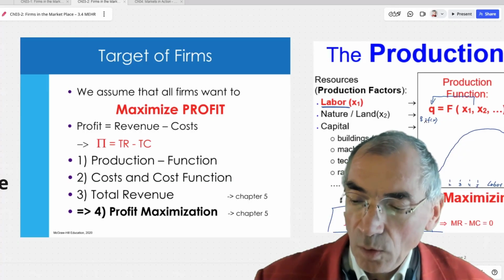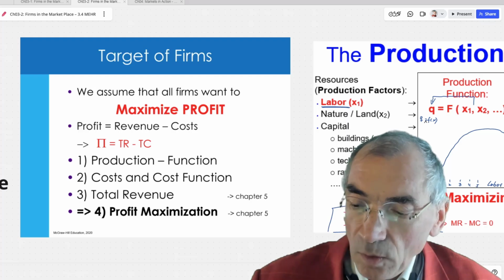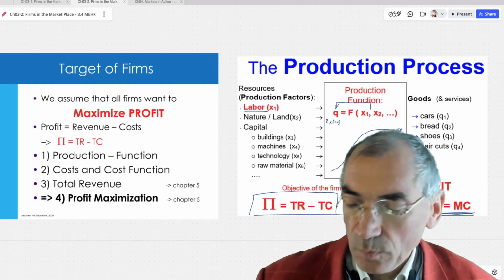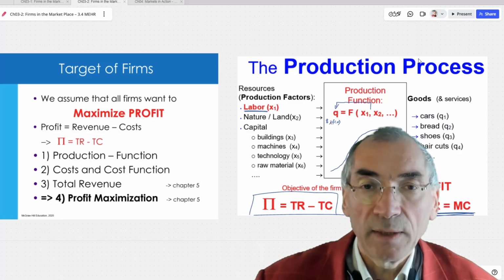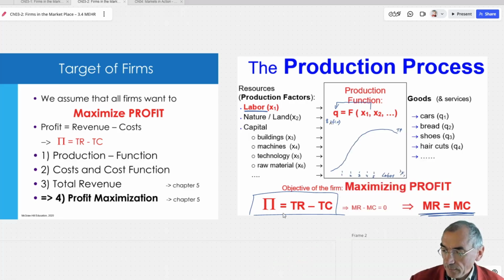Yeah, we are still on our way. These are the slides that you already know from the first video. Still on our way of maximizing profits. And this conclusion that we only mentioned briefly at the beginning of the last video, this conclusion that we need the marginal revenue to be equal to the marginal cost, that's something which will be important, of course, in chapter 5, but it's also important here to understand as a reason, as a determinant of the output decision of firms.